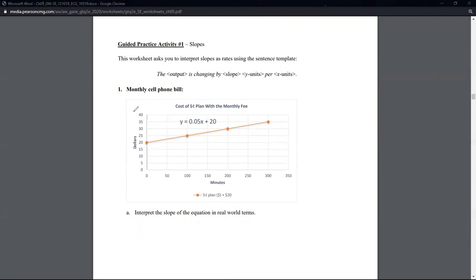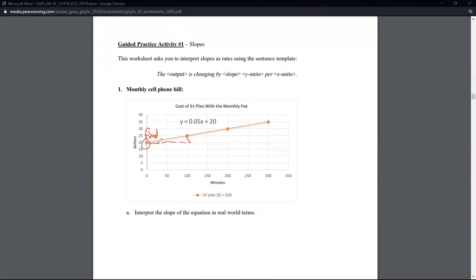So here's the graph of our monthly cell phone plan bill, whatever phrase you want to say for that, which we have seen before. It stops at 300 minutes. It doesn't go to 400 minutes, but that's perfectly fine. And this includes the variable amount, and it includes the fixed amount. So we can see our fixed amount here. When we don't talk at all, we pay $20. And then the run and the rise demonstrates the slope of 0.05.